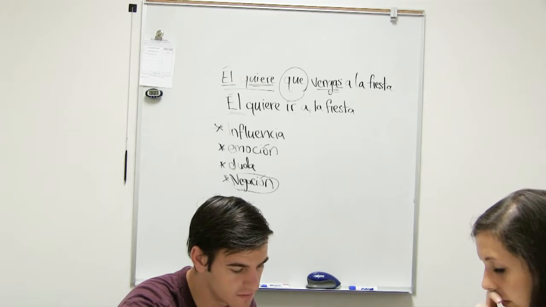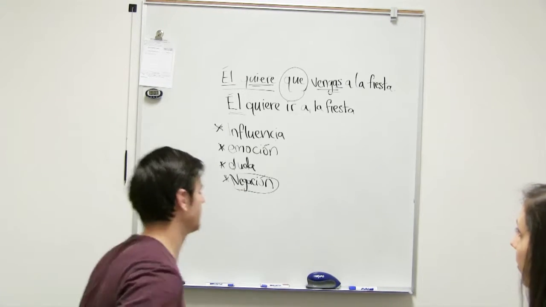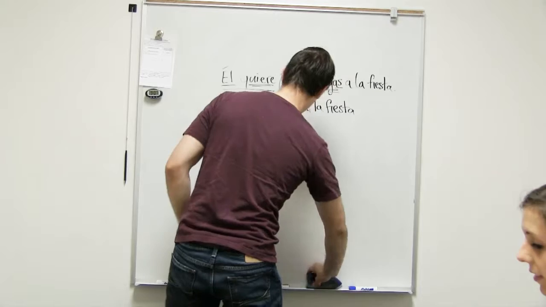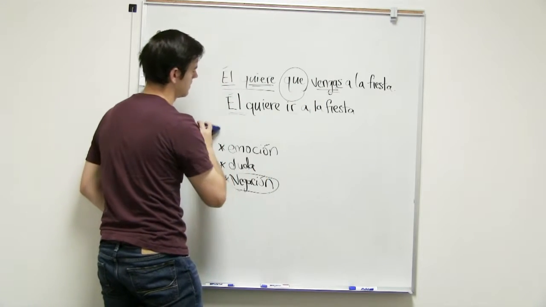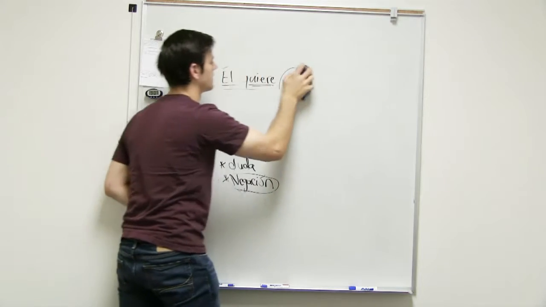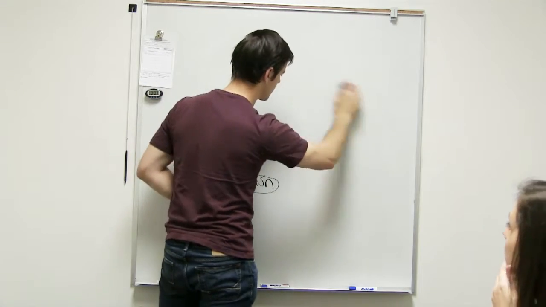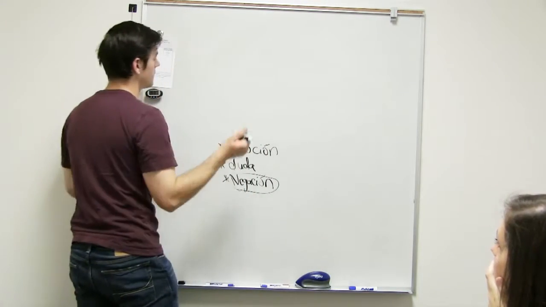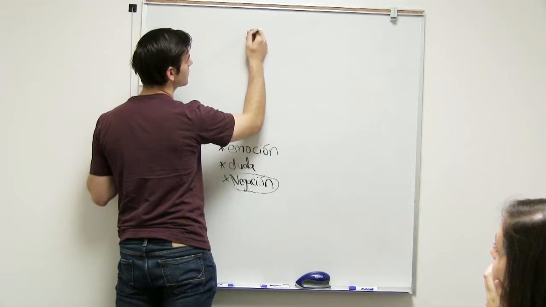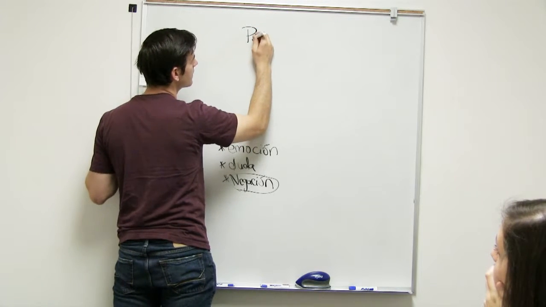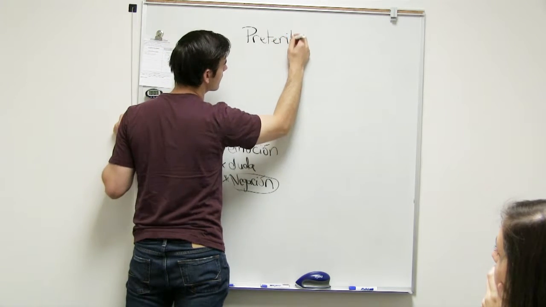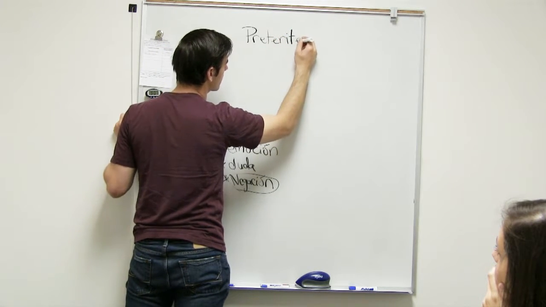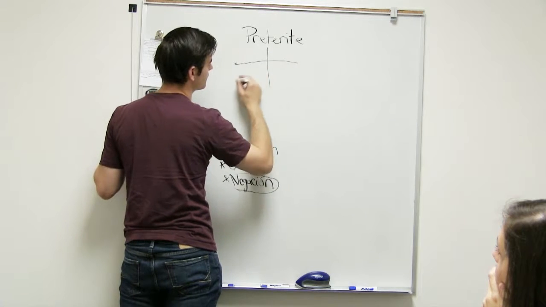Yeah, and let me do it. It's not too bad. We just went over influence, and we're good with this. So with the past subjunctive, we're going to talk in terms of the preterite. Okay, then we have our tree thing.